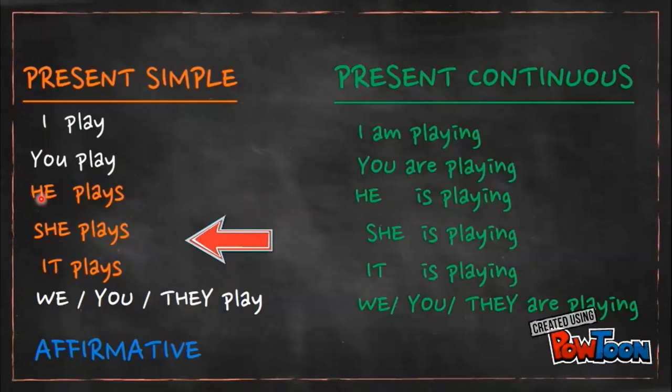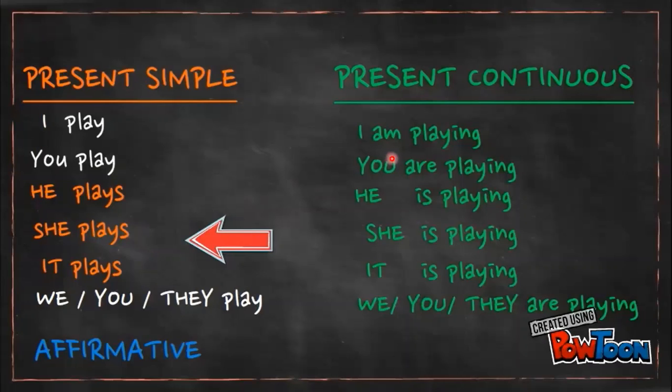When you use he to replace a man, for example, Carlos plays, or she to replace a woman, for example, Ariana plays, or it to replace a thing, an animal, or a place. For example, my dog plays with the ball, etc.